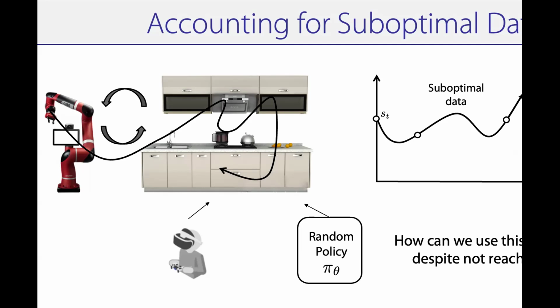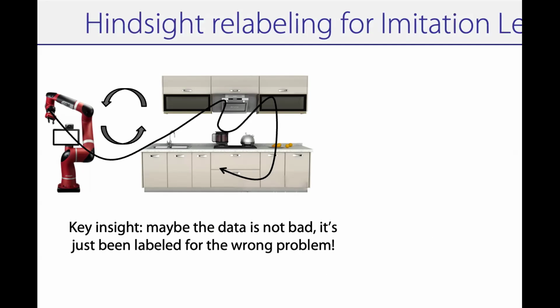The key idea behind hindsight relabeling is to say that the data is not bad, it's just labeled for the wrong problem, right? Imagine that I was trying to pick something up and I picked up the wrong object. It is optimal for picking up that wrong object, right? So the idea is just to relabel, and to consider not just a regular policy learning problem.